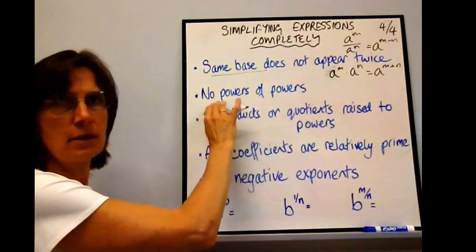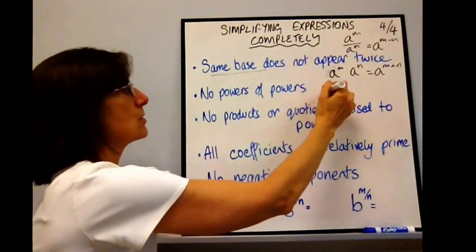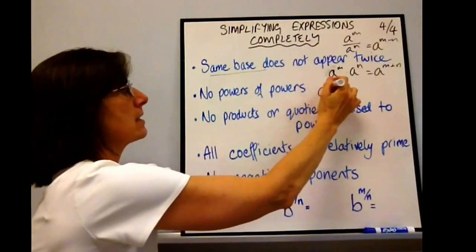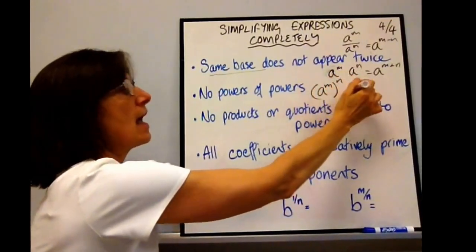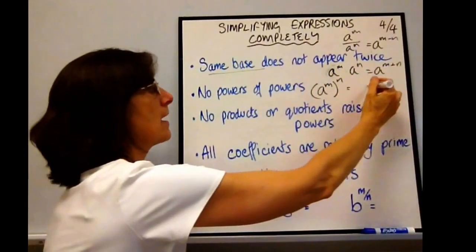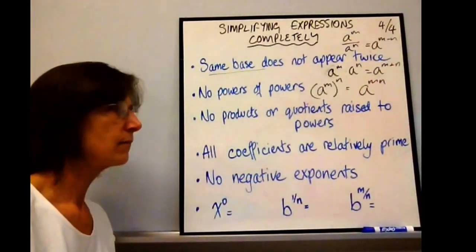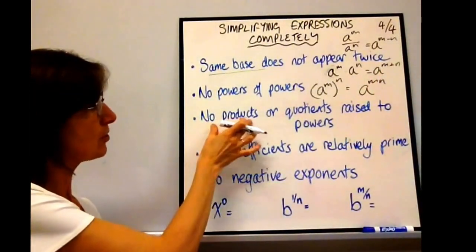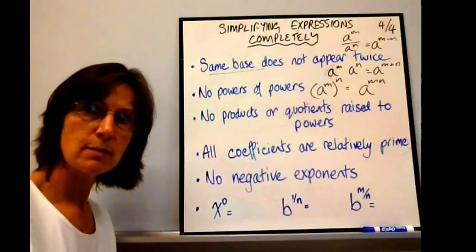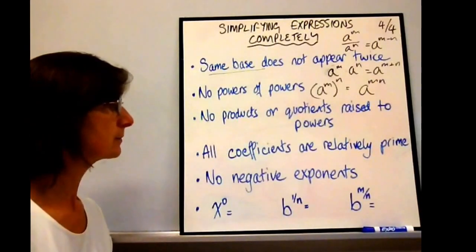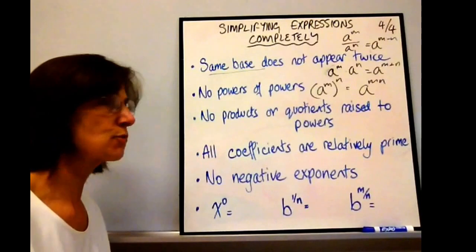To handle no powers of powers, we'll use our a to the m to the nth property, and that will be a to the mn. How will we make sure that no products or quotients are raised to powers? We'll use our powers of products and quotients rules.